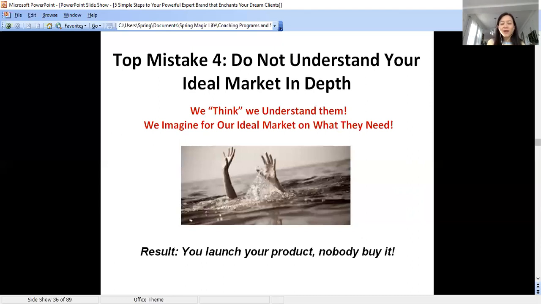We can think for our market. We think we understand them, but the results end up showing we do not fully understand our market. If you are not getting a good enough flow of ideal clients, that means you do not fully understand your market in depth. So the result is you launch your product, nobody buys it, right?